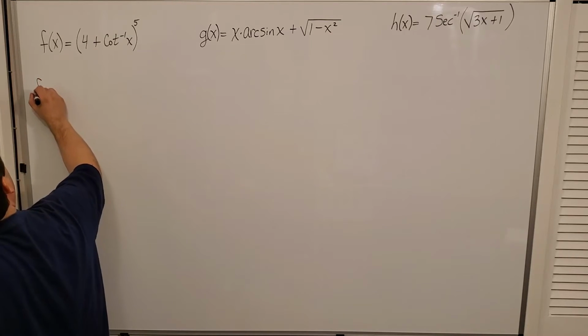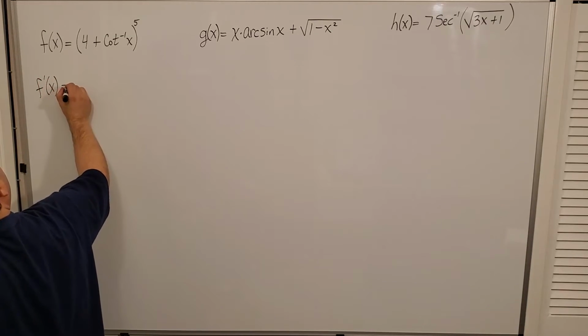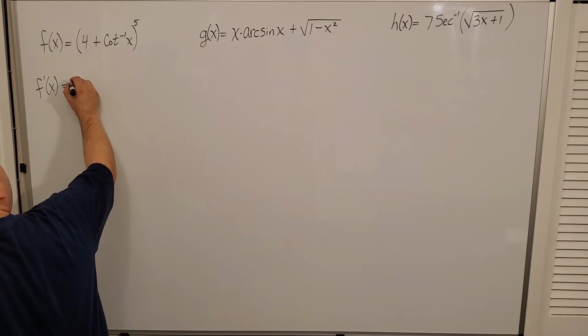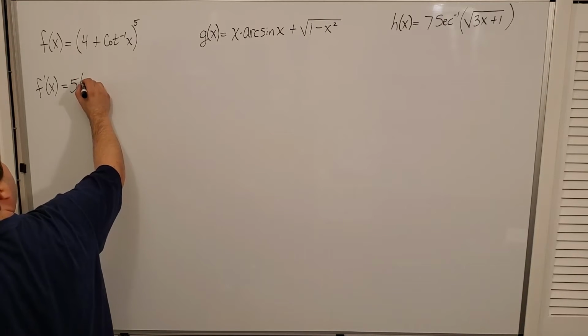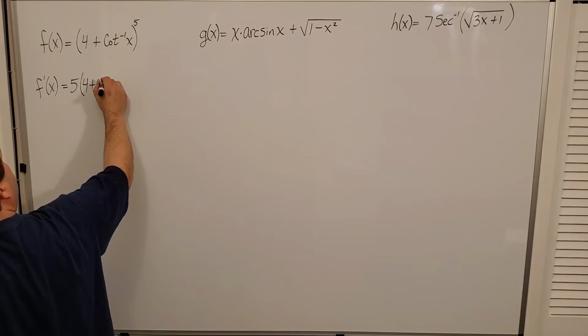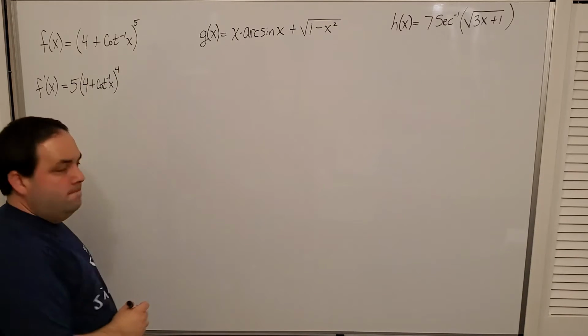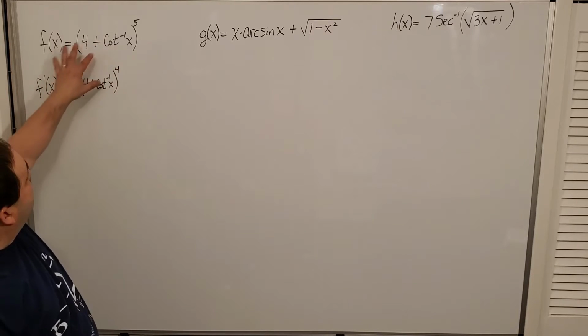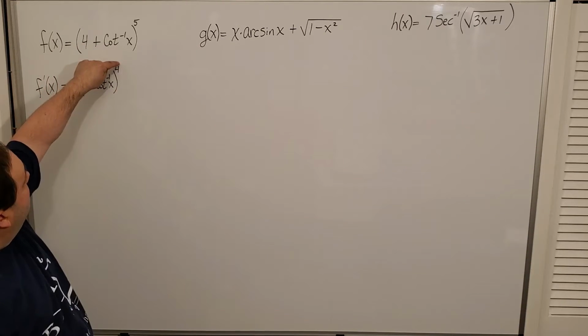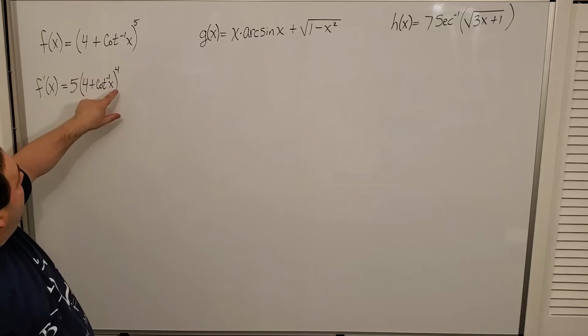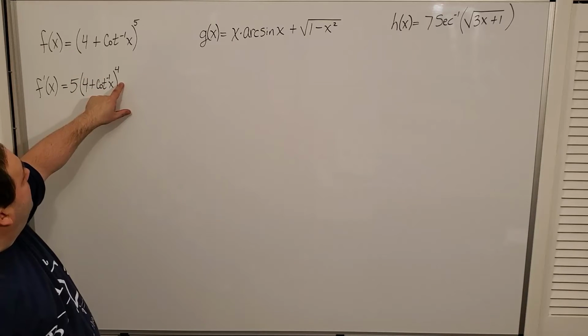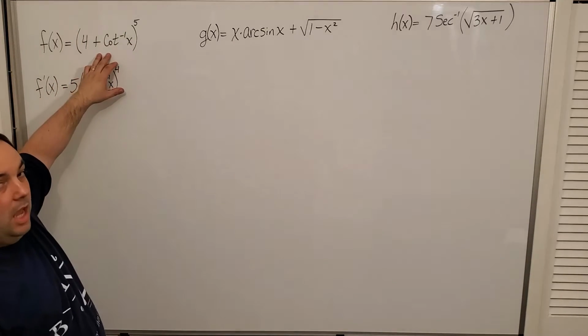F prime of x is going to be equal to 5 times the quantity 4 plus inverse cotangent of x to the 4th. So remember, chain rule, I did my outside derivative, brought the 5 down, 5 minus 1 is 4. And then I'm going to multiply by the derivative of the inside.